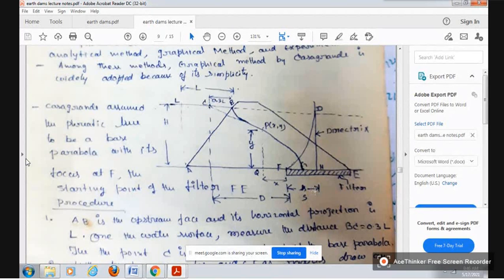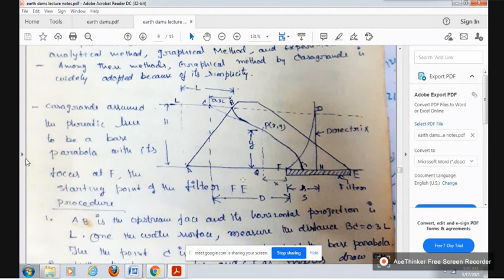Therefore, with S plus X as the radius and F as the center, you draw an arc, which will cut this vertical line somewhere here. That is P, let's say. So that is one point, right? Similarly, take another X1 value and draw a vertical line.